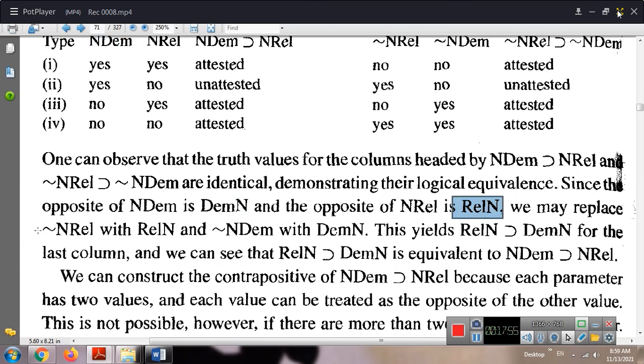We may replace non-relative with relative noun, and not non-demonstrative with demonstrative noun. This yields if relative noun, then demonstrative noun for the last column, and we can see that if relative noun, then demonstrative noun is equivalent to if non-demonstrative, then non-relative.